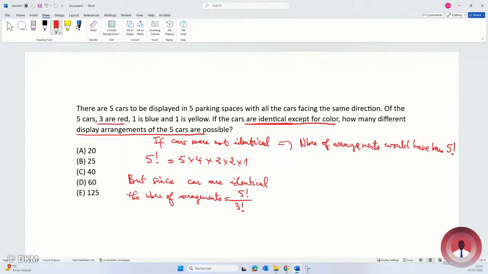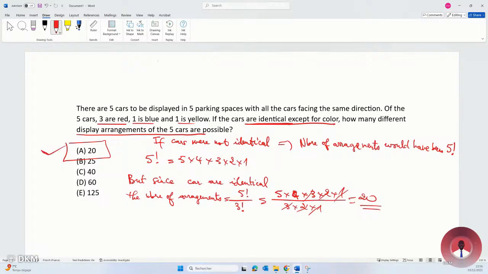We have 3 that are red, so they will be considered as being identical, and then we have 1 blue and 1 yellow. So this will give us 5 times 4 times 3 times 2 times 1 divided by 3 times 2 times 1. So this will cancel, and we will have, in the end, 5 times 4, which is equal to 20.